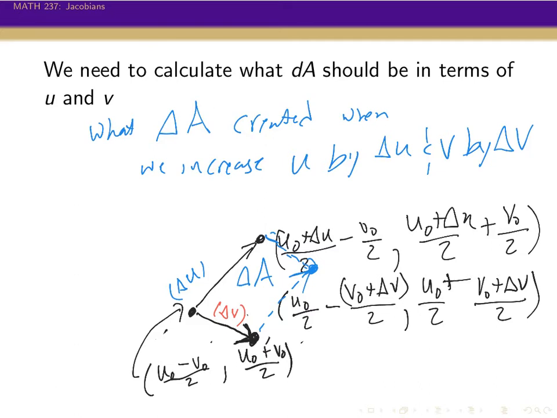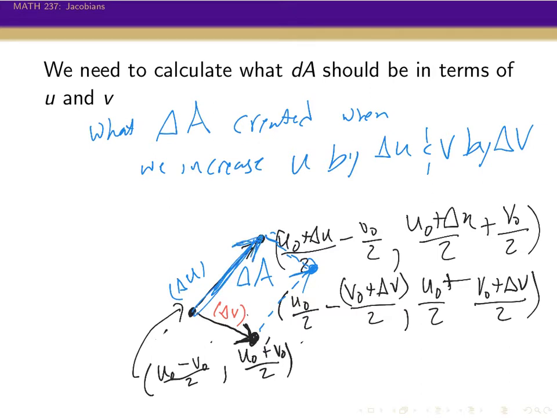Okay. So we're going from the point ((u naught minus v naught) over 2, (u naught plus v naught) over 2) to ((u naught plus delta u) over 2 minus v naught over 2, (u naught plus delta u) over 2 plus v naught over 2). Well, what really is this vector right here?